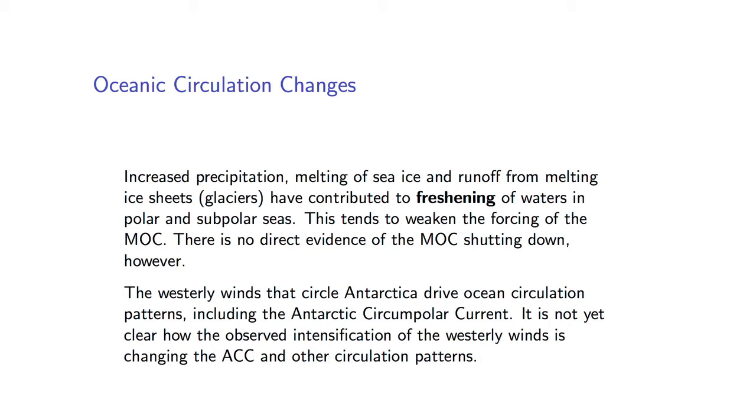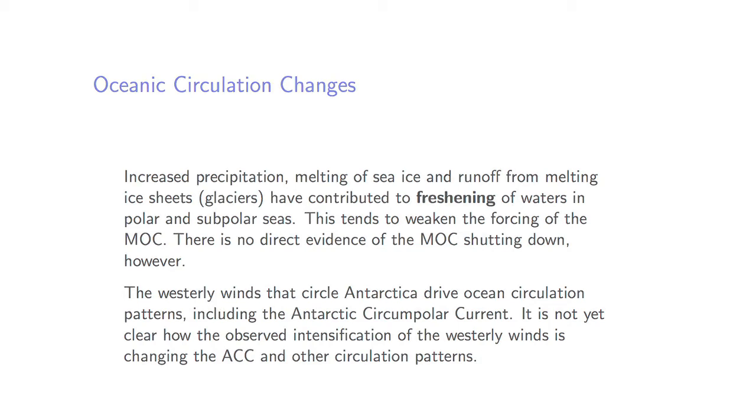That tends to weaken the formation of the meridional overturning circulation because the water at the surface doesn't as easily find itself in highly saline, very cold conditions. Again, I'm not arguing that the MOC is shutting down, but there will be changes in the circulations caused by these rapid changes in the environment.